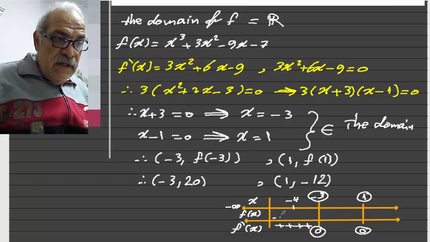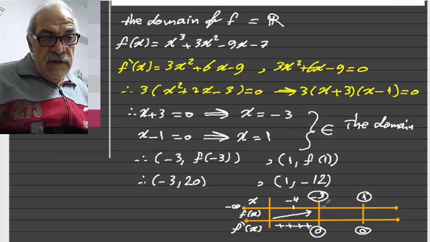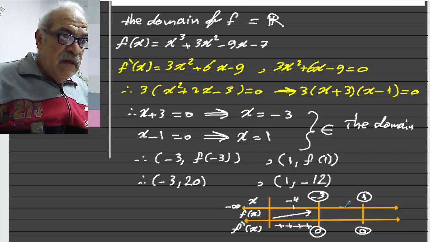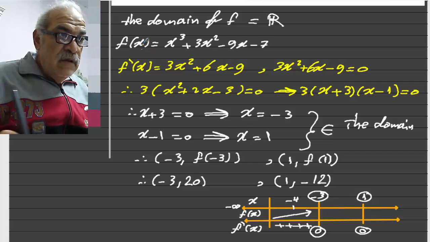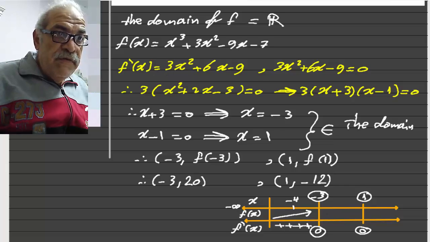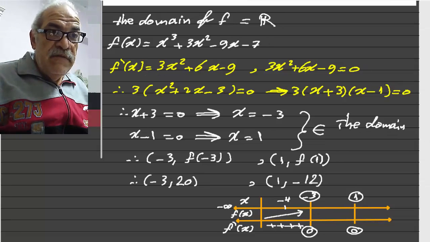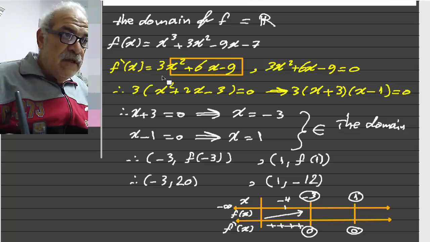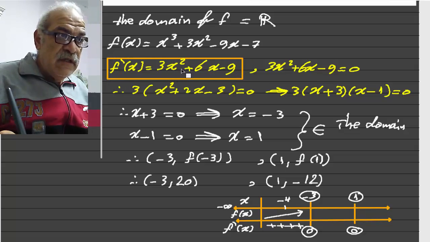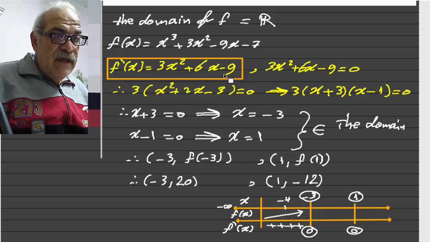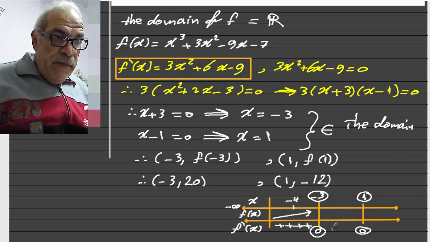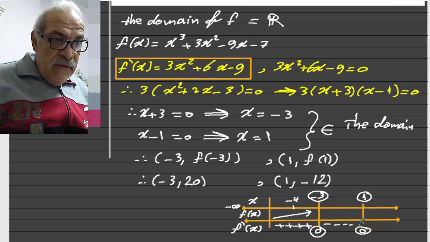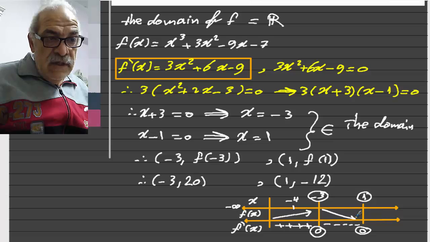So f of x is increasing, and we choose another number lying between -3 and 1, like 0, and f dash of 0 is negative. Here, when you substitute x equals 0, you will get -9, and here is negative, and the function is decreasing on this interval.